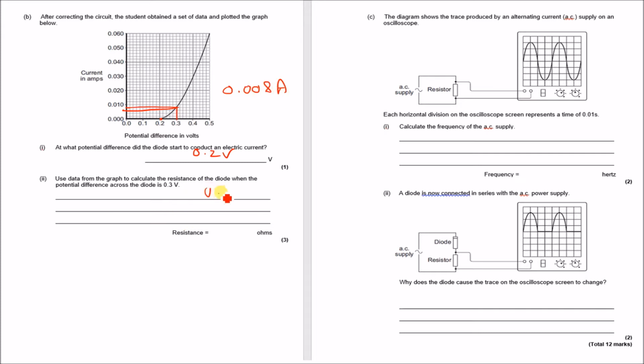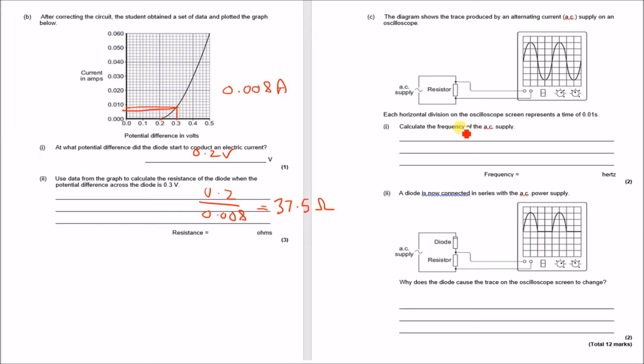So 0.3 divided by 0.008 is going to give us our resistance, and that is equal to 37.5 ohms.